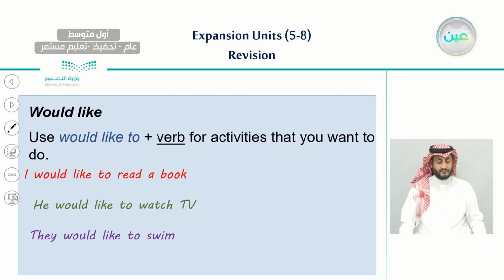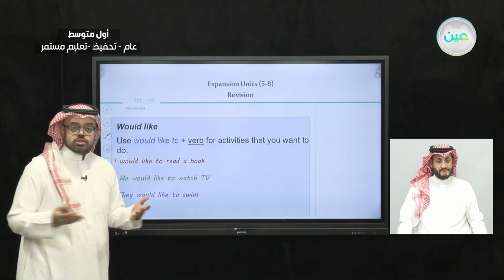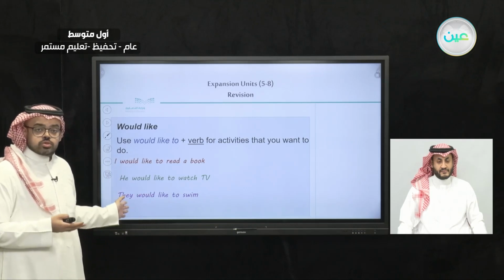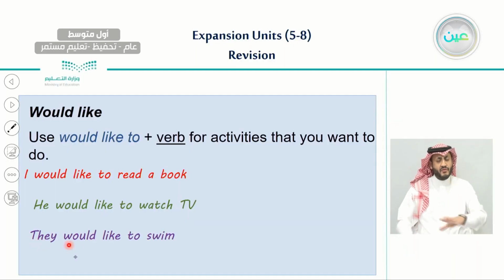And also with the other subject, he would like to watch TV. And here, after would like, we added to, and what comes after to is a verb, watch TV. And also we can use it with the other subject, which is they. They would like to swim.